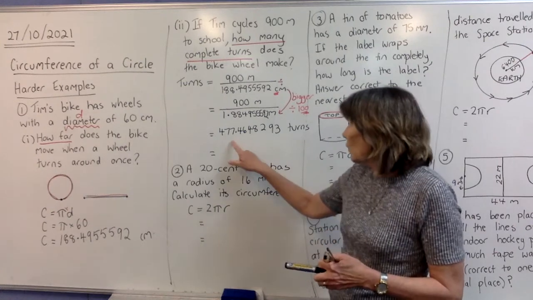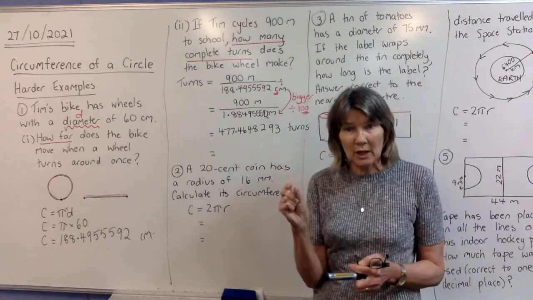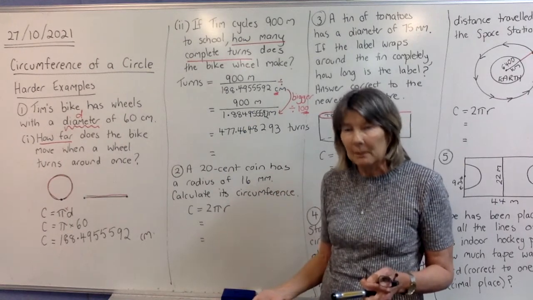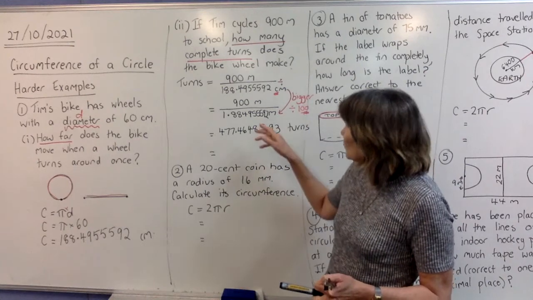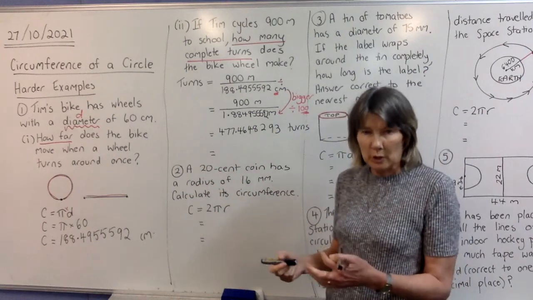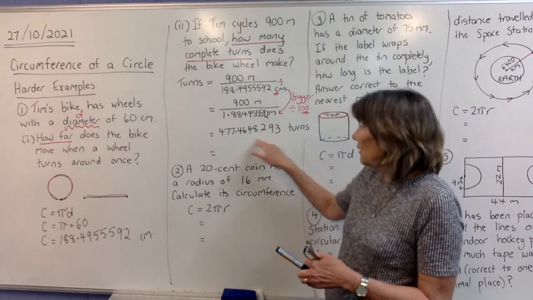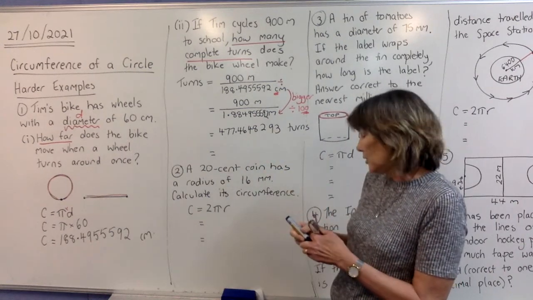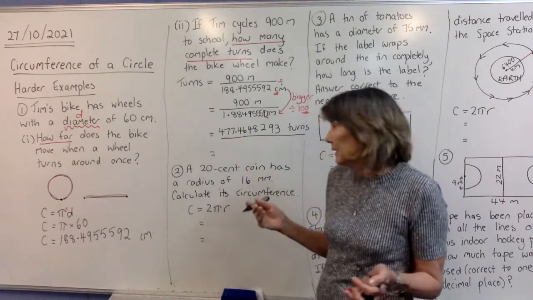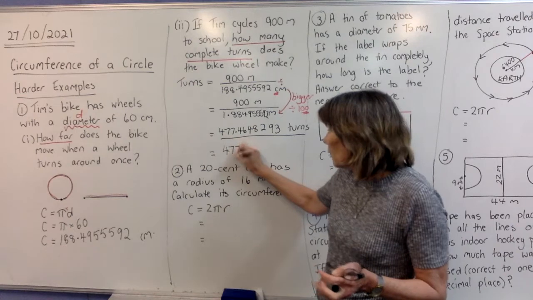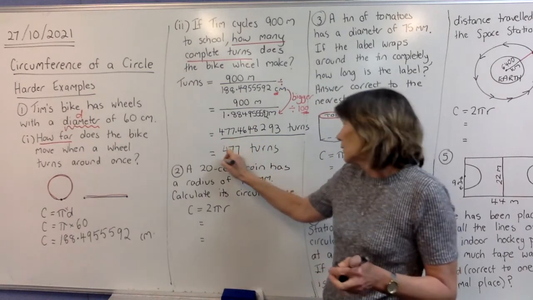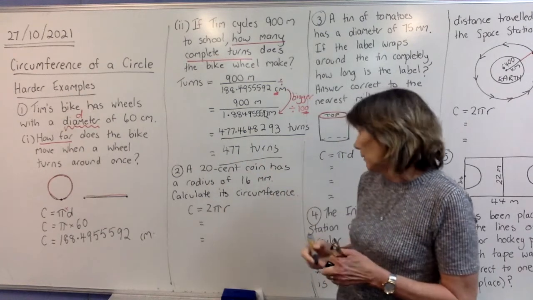If we did 477 turns, you'd be just slightly short of school, but that's the whole number of turns that we've done. If you do an extra turn, well, I guess you're a little bit past school. So it's a bit of a strange question. I would have been happier just giving that answer there and not asking for the number of complete turns. But I think they're probably wanting that because that's the whole number part of this. So that's probably what they want.